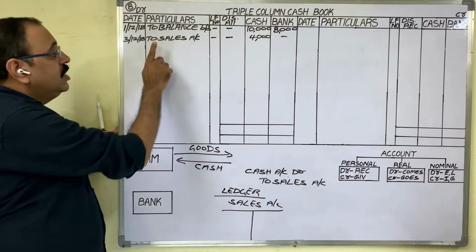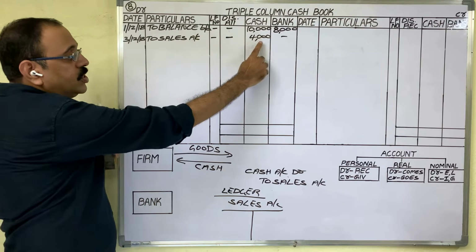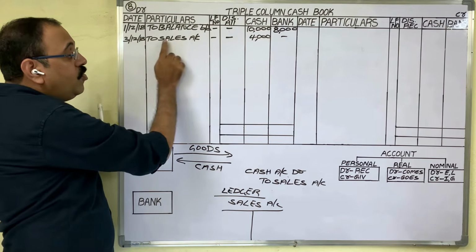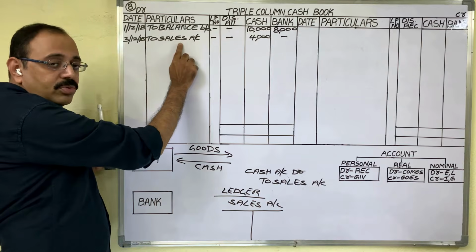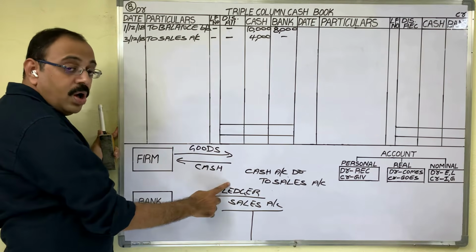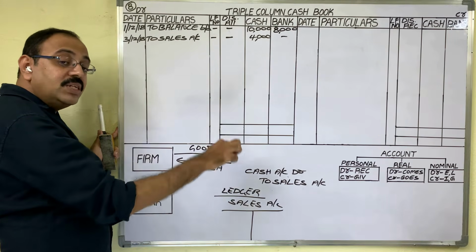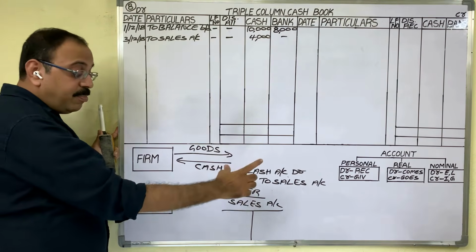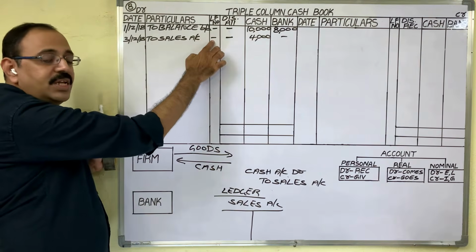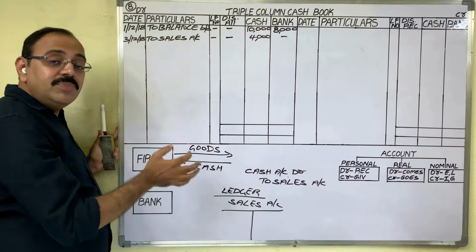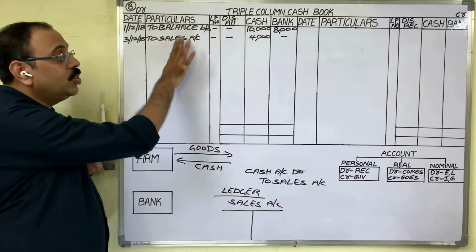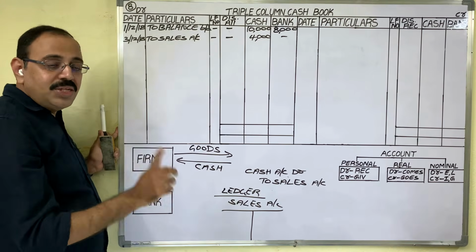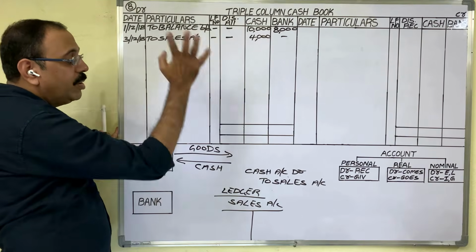Meaning, sales account we posted here. If you want to refer to this sales account in the ledger book, on which page you can get that sales account, that page number you have to mention here. Therefore, it becomes easy for the accountant to do any cross check. That is the use of the ledger folio number column.